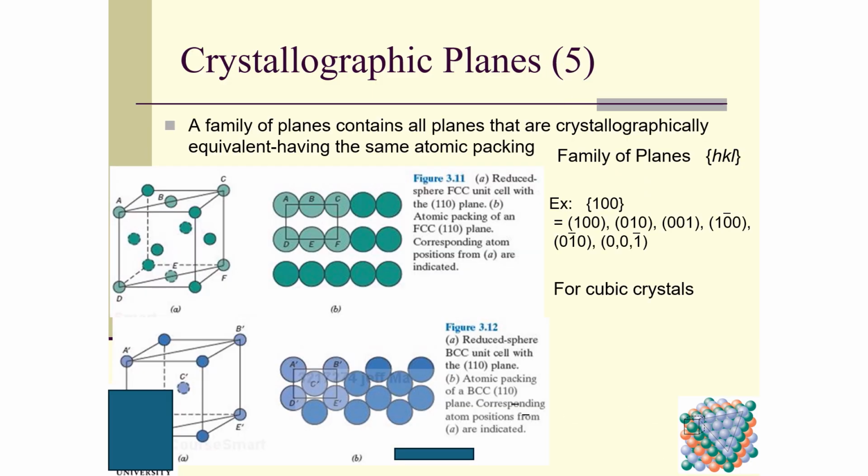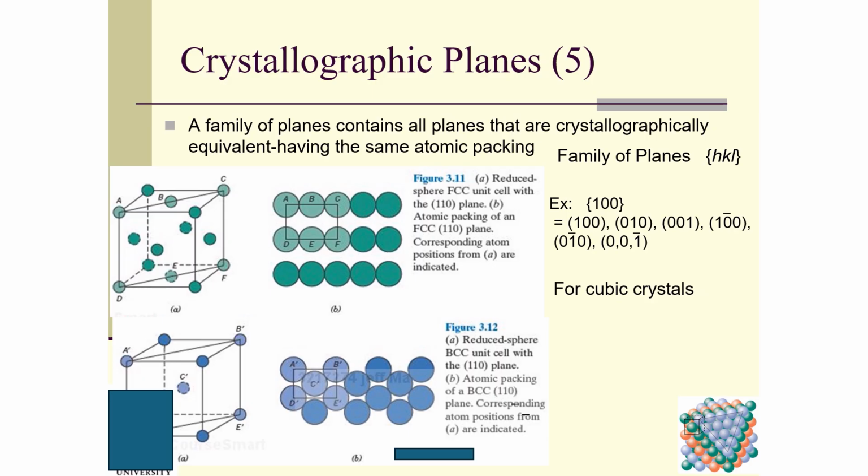And then we talk about crystallographic planes. A family of planes contains all planes that are crystallographically equivalent, and that means having the same atomic packing. So, for example, a family of planes {hkl}. For this one, you can see a reduced-sphere FCC unit cell with the (110) plane.